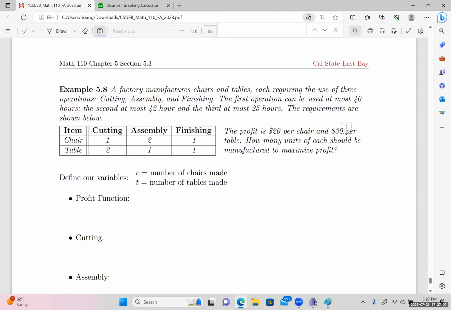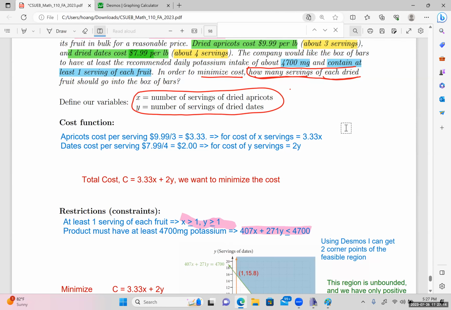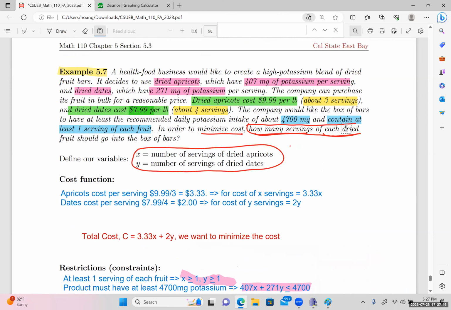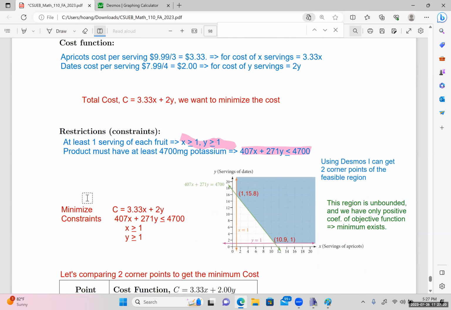All right, and let's do one more. So according to the example above, what I did was first set up the optimization equation and the constraints, and then find the corner points by decimals, right?